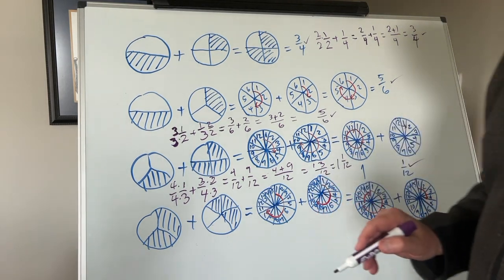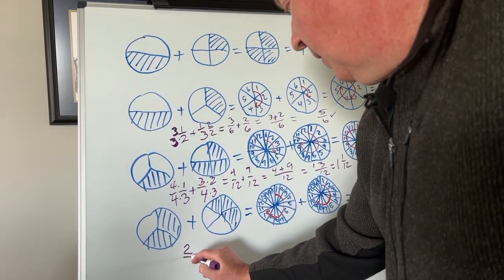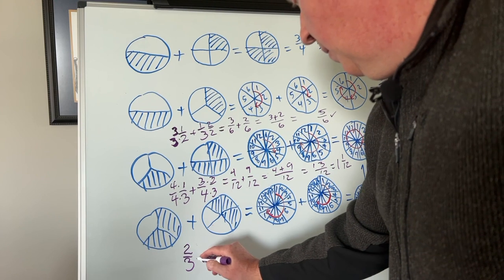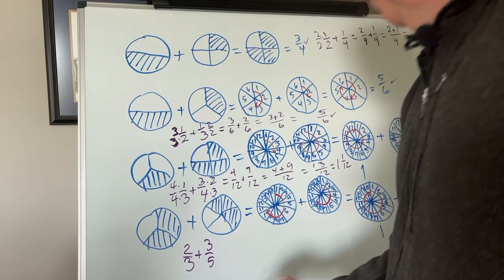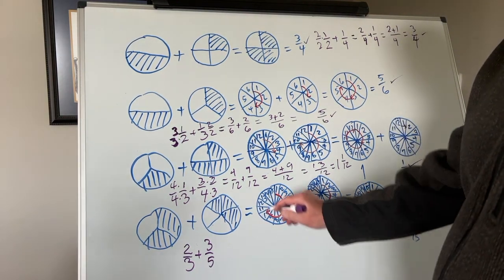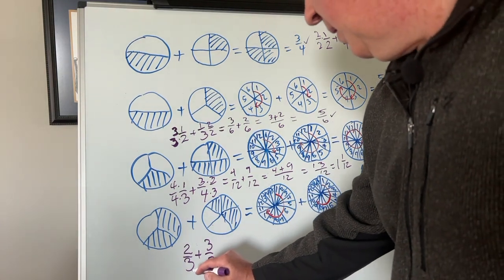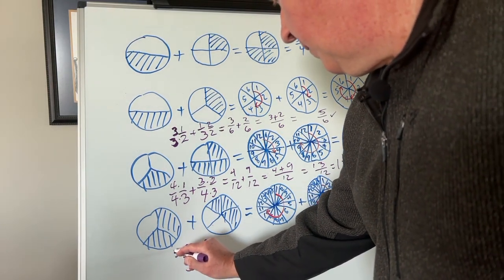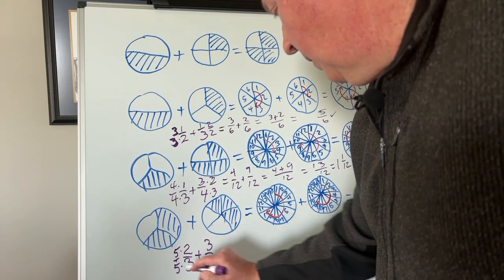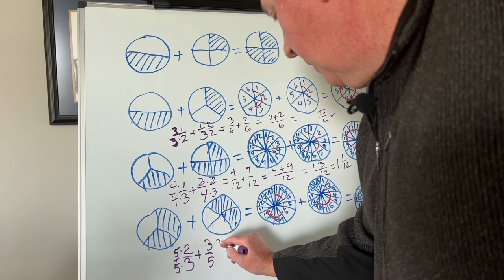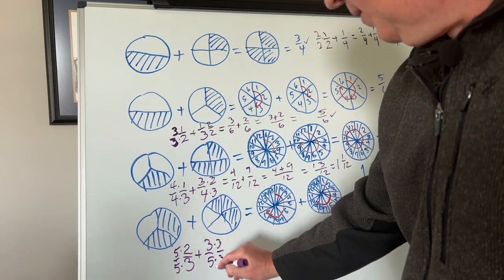Now, the last one, 2/3 plus 3/5. Common denominator 15, like we got here. I'm going to multiply this by 5, top and bottom. Oops. And this by 3, top and bottom. We still have 2/3, we still have 3/5.